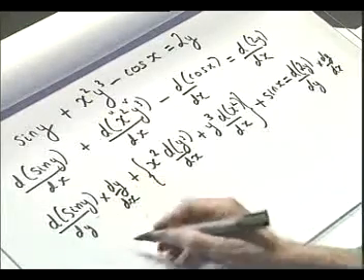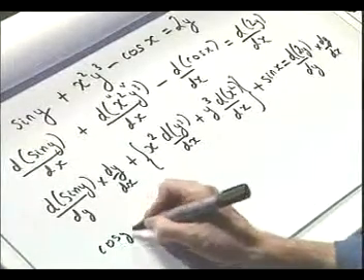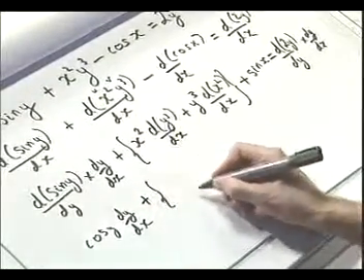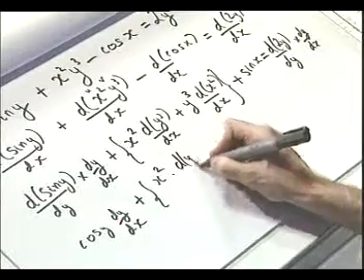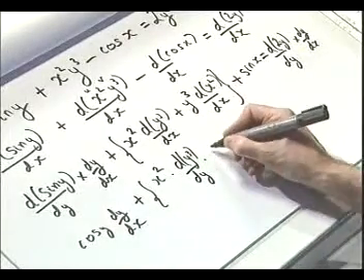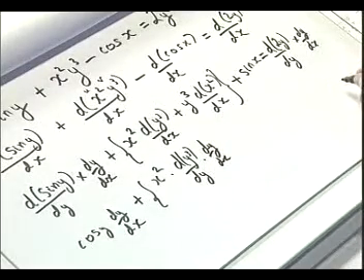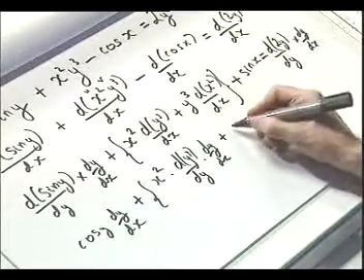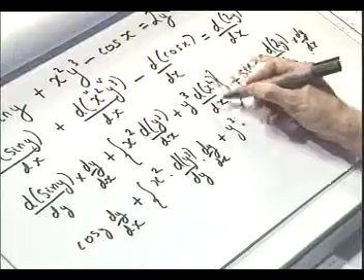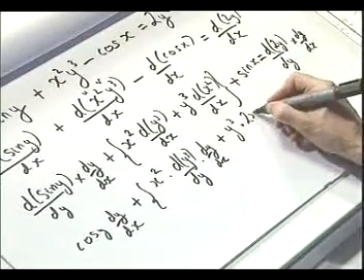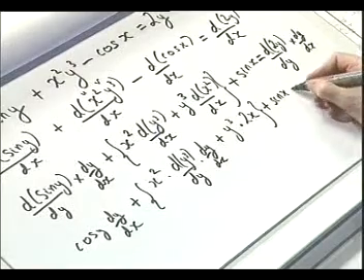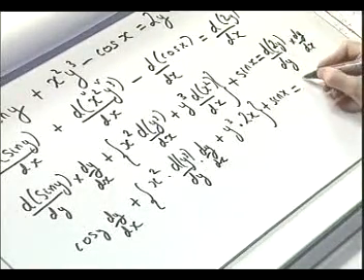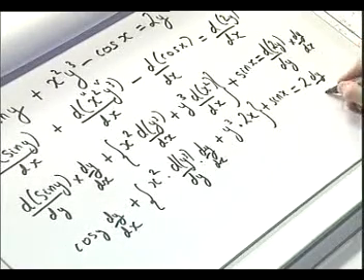So now, the derivative of sine y with respect to y is just cos y dy by dx, plus x squared times, now, this will be the derivative of y cubed with respect to y times dy by dx, plus this one, y cubed times, now, the derivative of x squared with respect to x is just 2x, plus sine x, we've already done that one, equals, and here the derivative of 2y with respect to y is 2 times dy by dx.